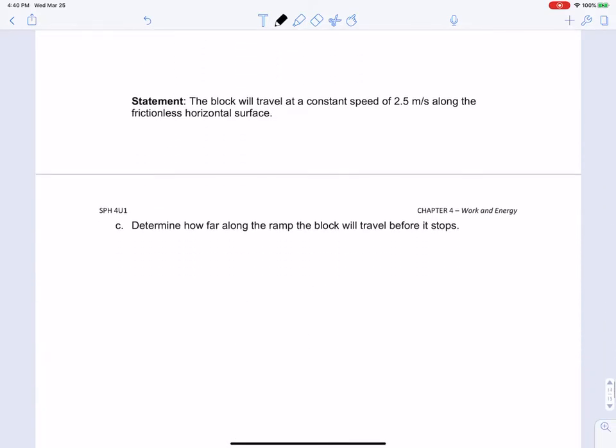So let's determine how far along the ramp the block slides before it stops. So it's going to travel this distance delta d at an angle of 30 degrees, as it reaches this height, delta y, above the ground.